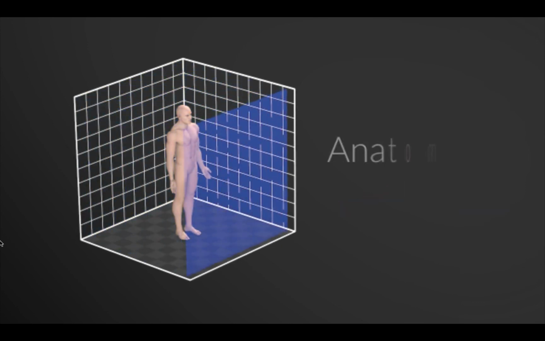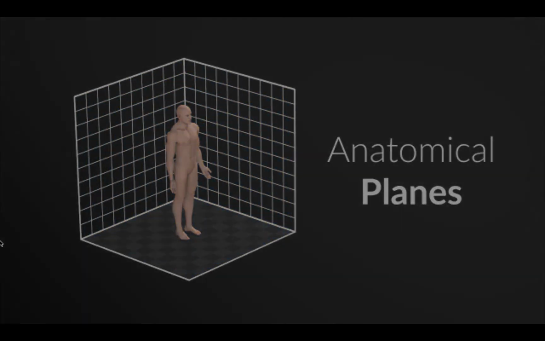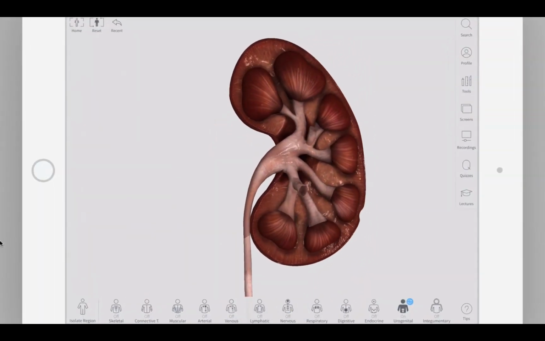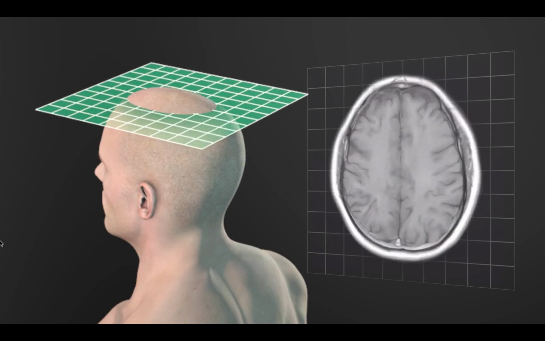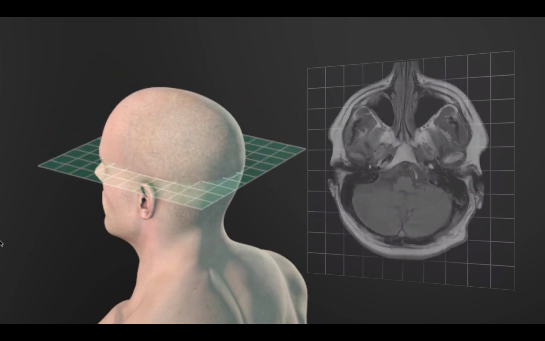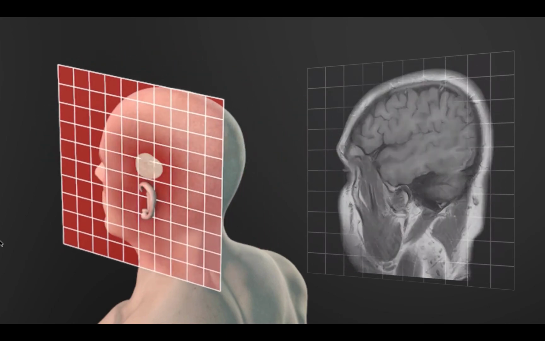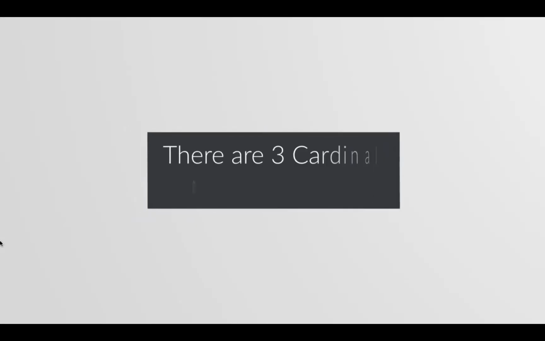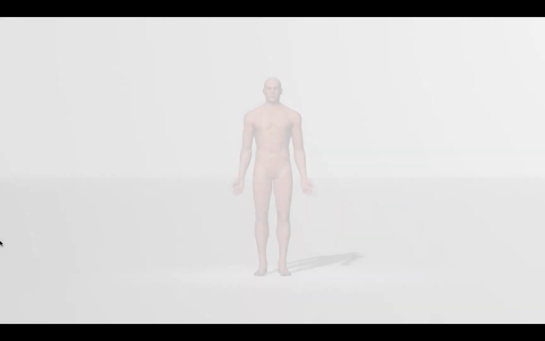This is what we refer to as anatomical planes. It helps us to describe or localize a structure in the body. Medical imaging modalities such as computed tomography or magnetic resonance often use these terms to describe the scans taken in flat slices. There are three cardinal anatomical planes.